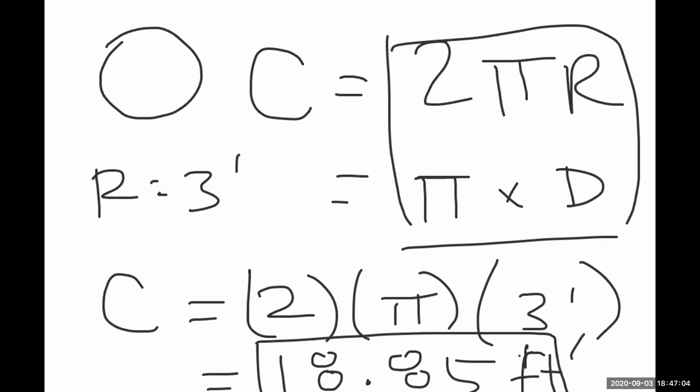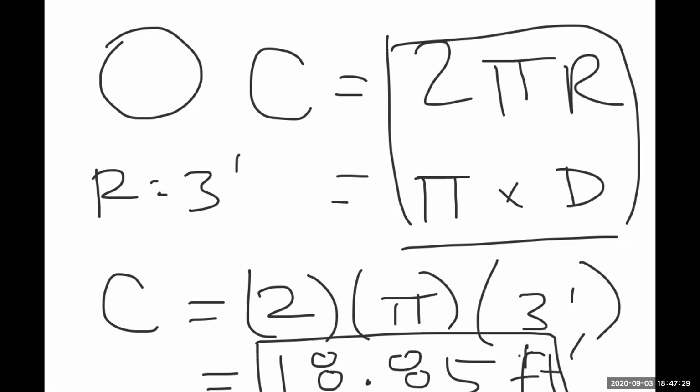Because there is no area, we're talking about the distance around the circle, the unit is in feet. If we're talking about area of a circle, the measurement would be square feet. If we're finding the volume of a cylinder, it would be cubic feet, okay? Because we're multiplying units by units.